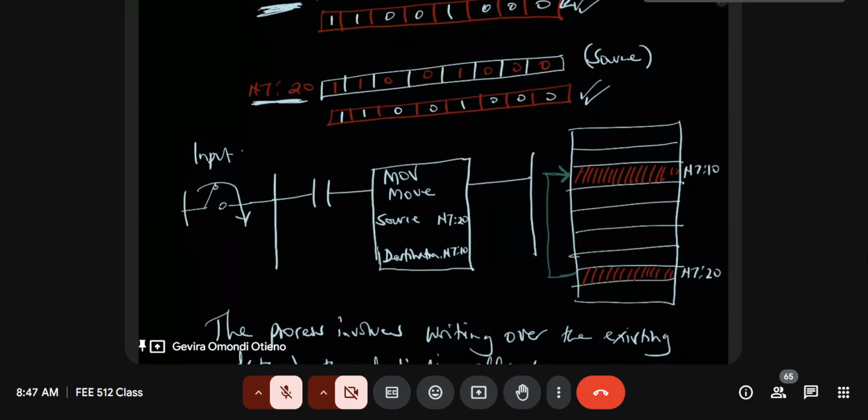The source value remains unchanged. We say that there's no data conversion in the move instruction. So here there's no data conversion.